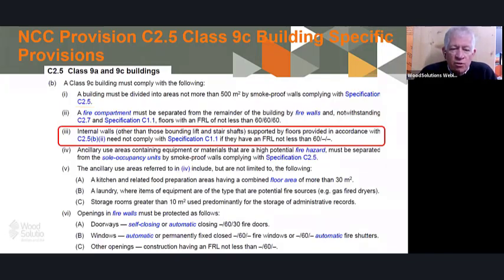The optional bit is internal walls, other than those bounding lifts and stair shafts, which is a fall back to specification C1.1, and supported by floors in accordance with what we talked about before, need not comply with specification C1.1 if they have an FRL not less than 60/-/-.